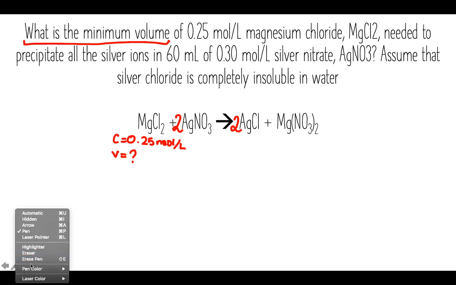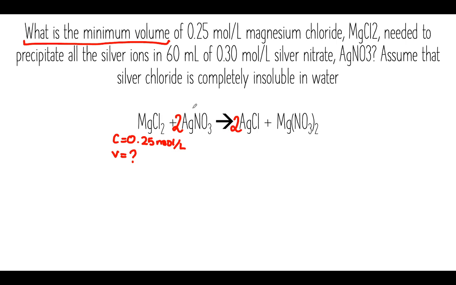And then I'm going to change my color because now I'm going to talk about what information I'm given for the silver nitrate. And I'm given 0.30 moles per liter. So the concentration of AgNO3 is 0.30 moles per liter. And I'm given 60 milliliters of silver nitrate.